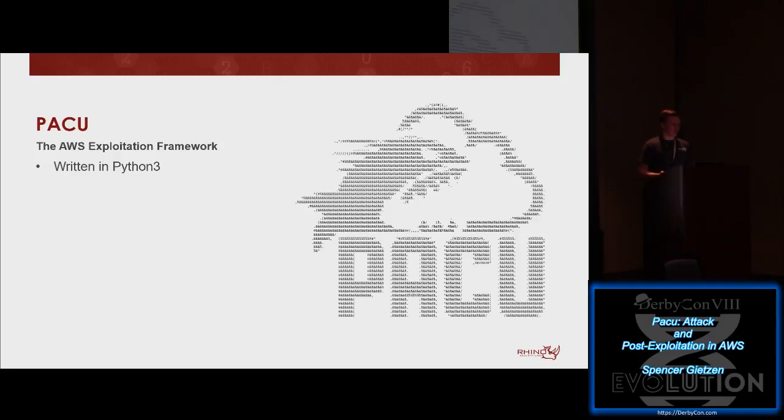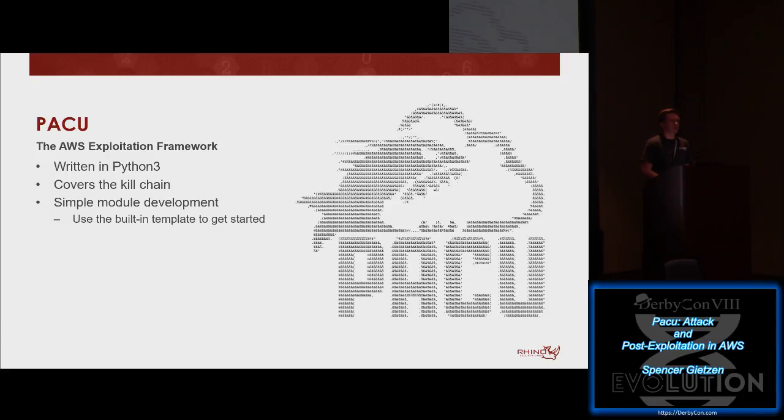So, an AWS exploitation framework, it's written in Python 3, covers the whole kill chain: reconnaissance, enumeration, logging and monitoring disruption, persistence, privilege escalation, data exfiltration, just general exploitation. We try and include all that in there. It's simple to start developing modules.